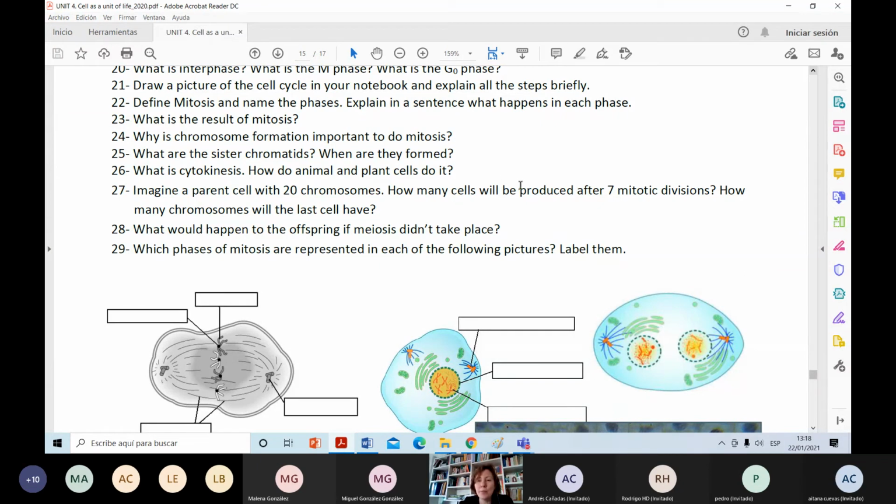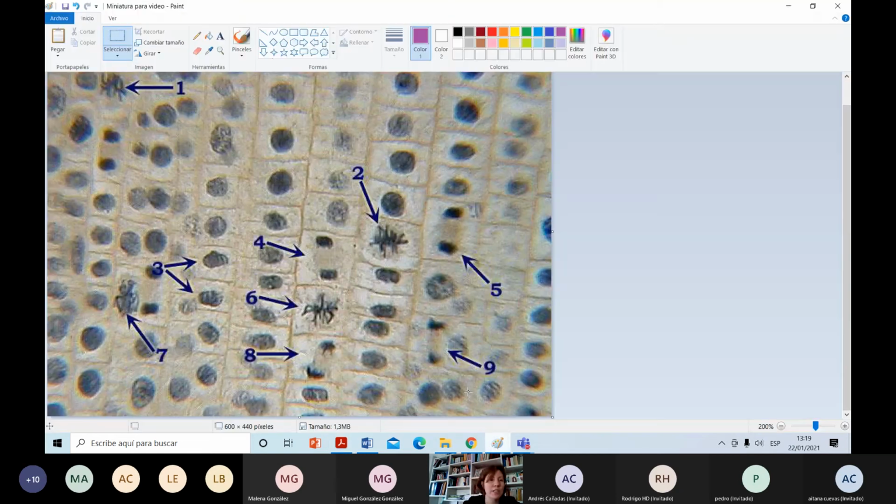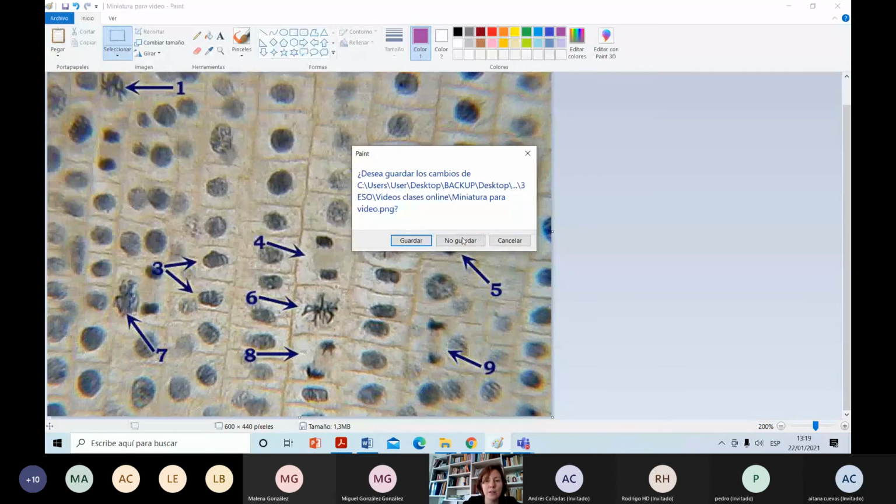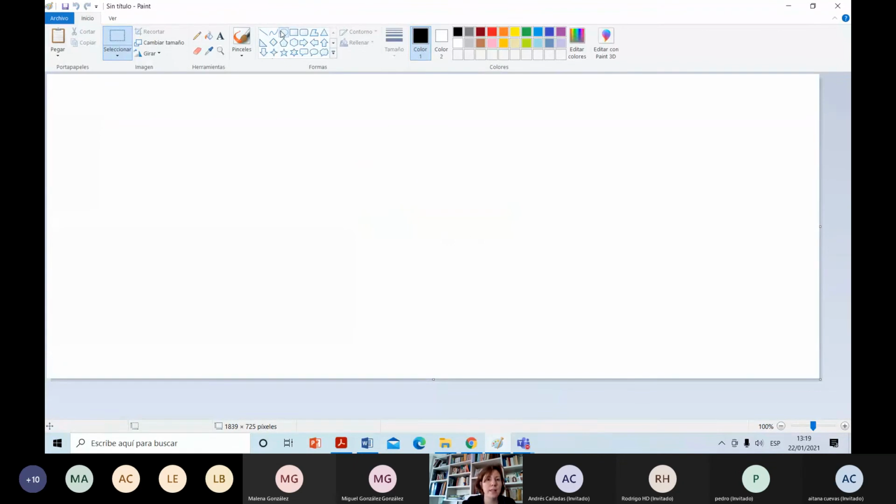How many cells will be formed after 7 mitotic divisions? Well, we've got a math activity. Can anyone give me an answer for this one? This cell is going to undergo different mitotic divisions.